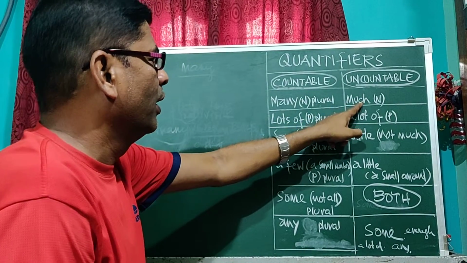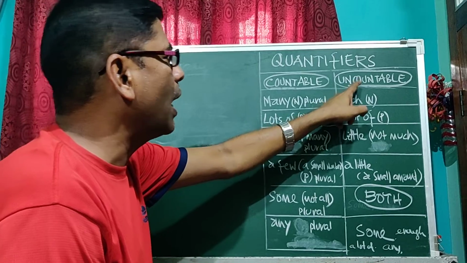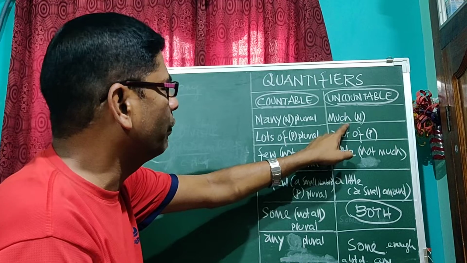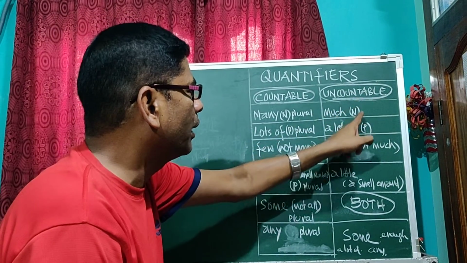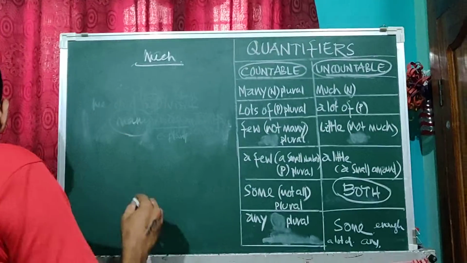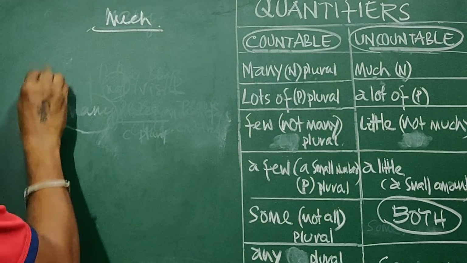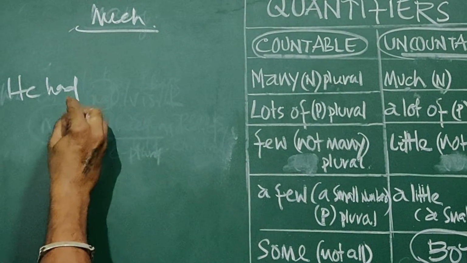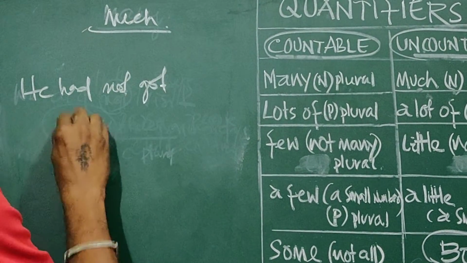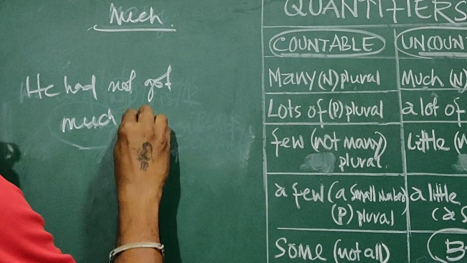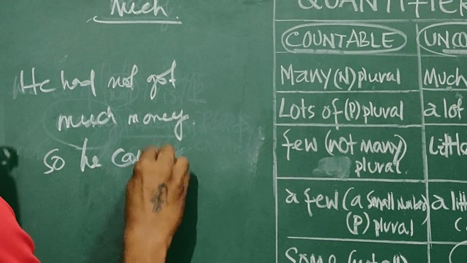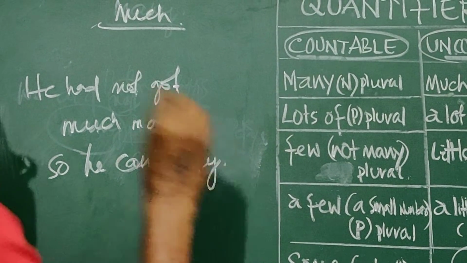Now, much. Much is a quantifier which can be used for uncountable nouns and negative. For example, he had not got much money, so he can't buy.